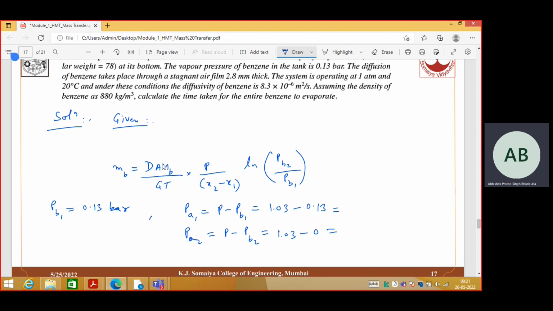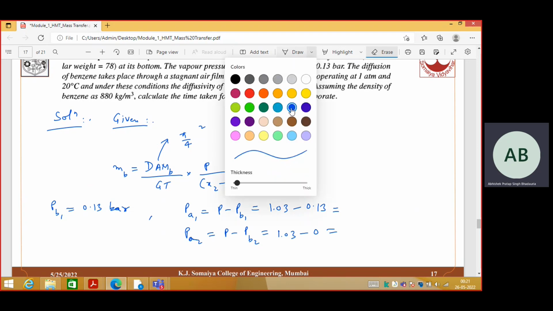This D value is given. This area I can calculate by pi by 4 into D square. I will write a small d, because capital D is the diffusion coefficient, so small d I will use for the dimension.